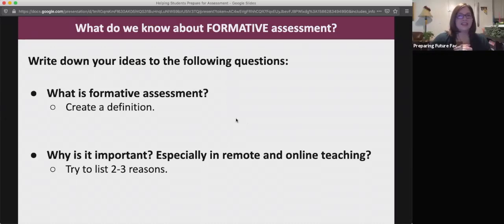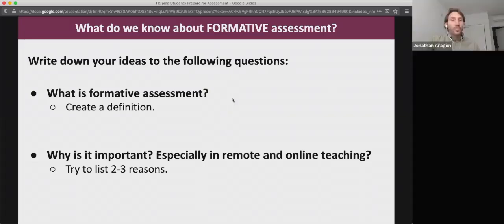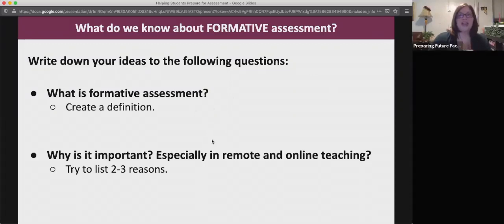Anyone else want to? To make adjustments. Absolutely. So yeah, we're already seeing 2 important things: keep engagement and also make adjustments on our end as the teacher. Let's check.